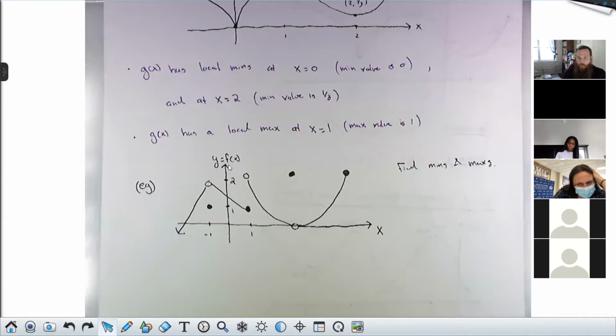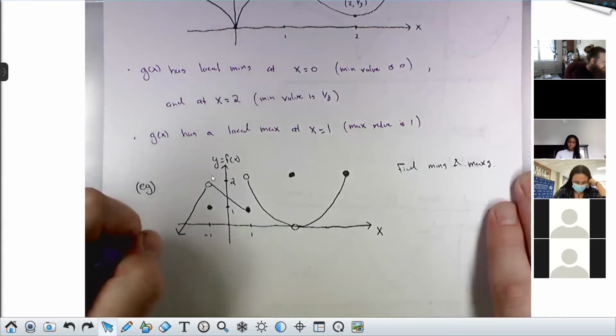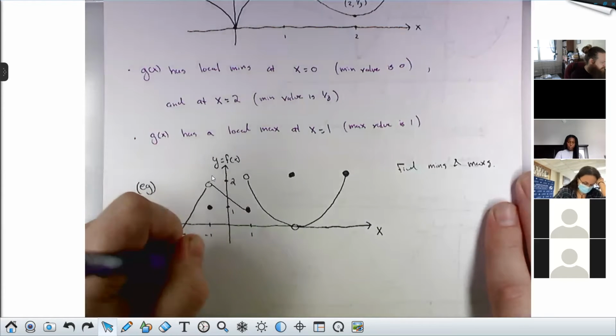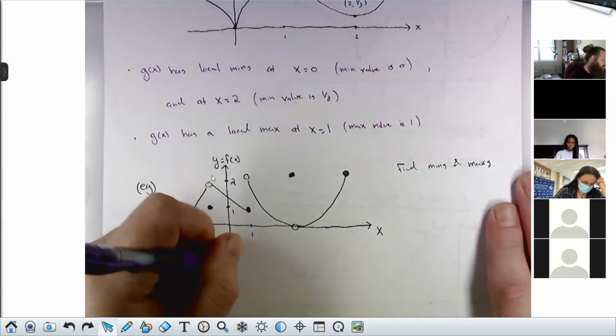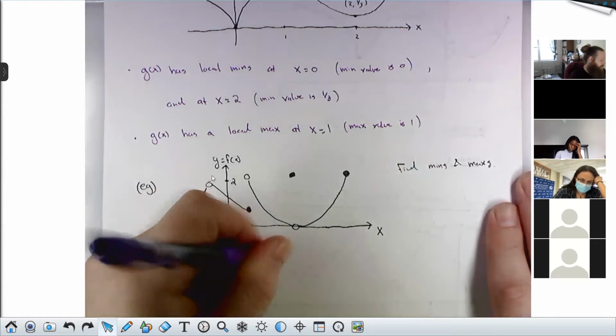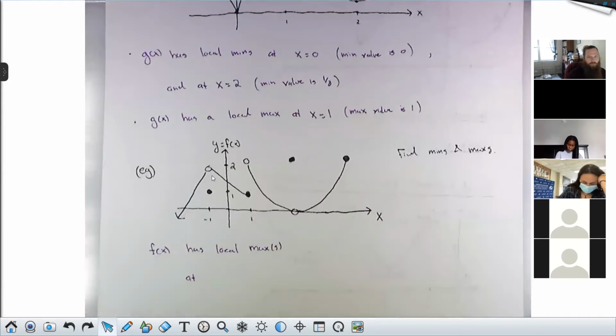So one of the max values is 2. Yes. There's more. Wouldn't it be -1 and then the max value be 2? So let's be very careful about this. F of x, give me the locations first, has local maxes at... So where do we see a local max? What is the location of a local max?